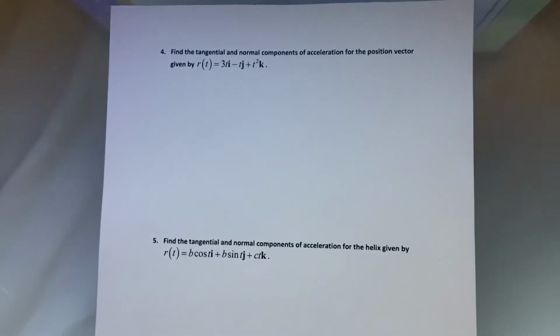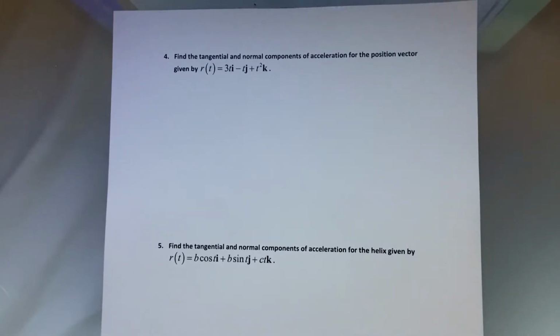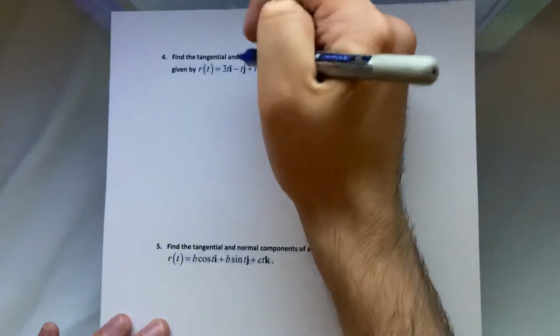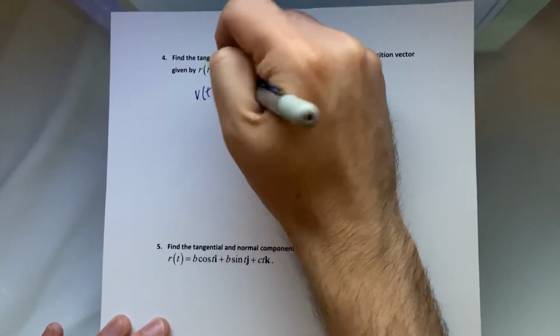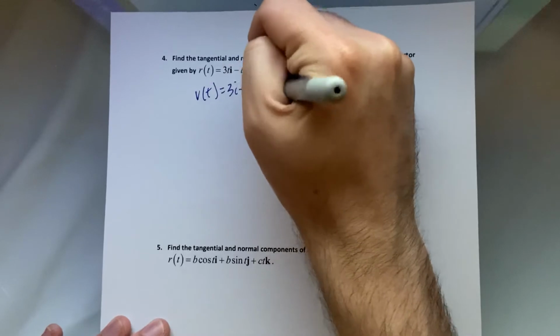On the next page, we're just going to do number 4. Dealing with this in 2D is enough, I think. Find the tangential and normal components of acceleration for the position vector. Actually, it's 3 dimensions, but it's fine. It's easy to work with. 3t i minus t j plus t squared k. So our velocity function is 3i minus j plus 2t k.